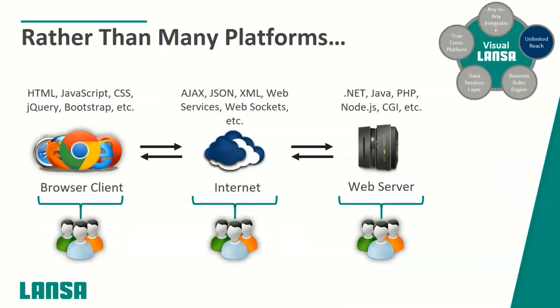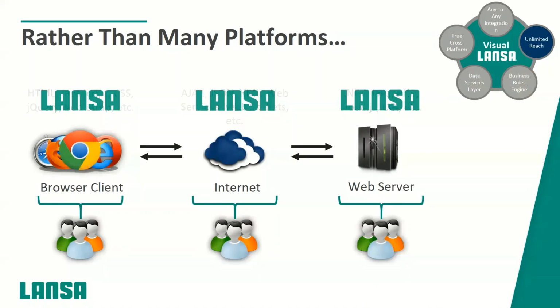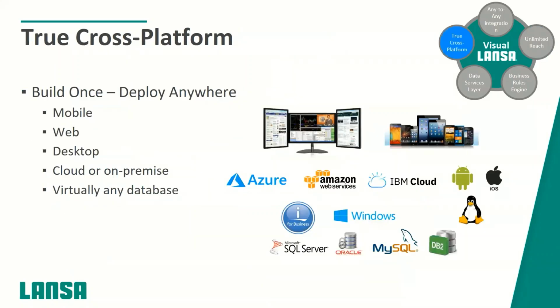When you look at traditional programming and some other low code, you're going to be creating separate programs. You're going to have server side, client side, and your connectors. With Visual LANSA, it's one language, one IDE. So any developer becomes a full stack developer because you create an entire application in one ecosystem, in one environment. The other good thing is it's build once, deploy anywhere, and that's true.